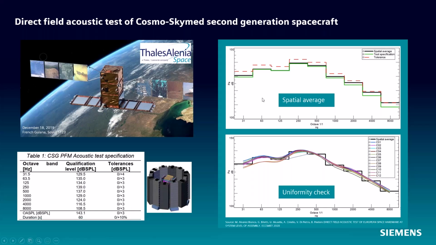Now, when we're doing this, there is an overall control channel that includes all of the control microphones. We call that the spatial average. And then you can look at each individual microphone as well versus the test specification. It's called a uniformity check.